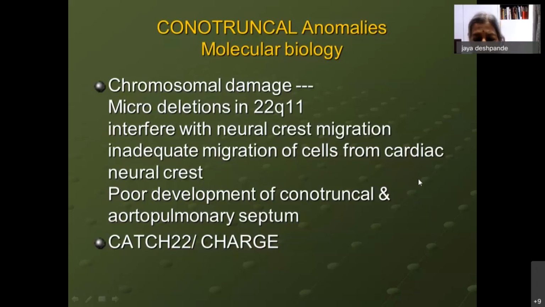As a consequence of inadequate migration, you have poor development of the conotruncal and aortopulmonary septum. Some of the syndromes associated with conotruncal anomalies and microdeletions of 22q11 are the CATCH-22 and the CHARGE syndrome.